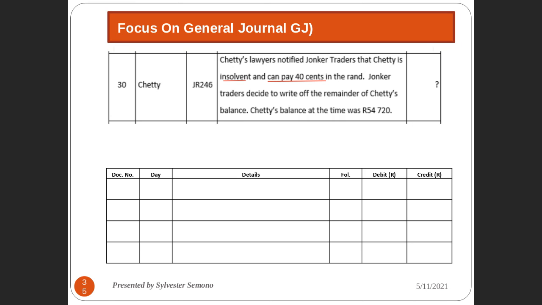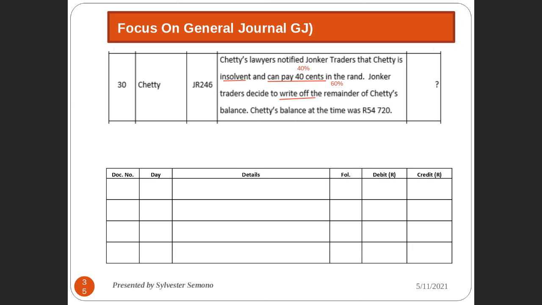In easy terms, this 40 cents is the same as 40%. It means 40% in every rand. And then we decided to write off the remainder. By remainder, they are referring to 60%, because she paid us 40%.